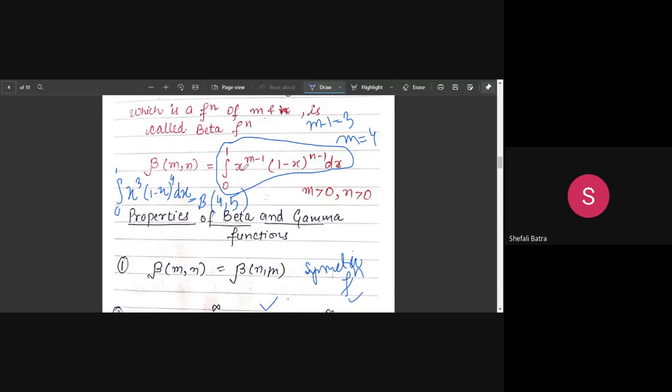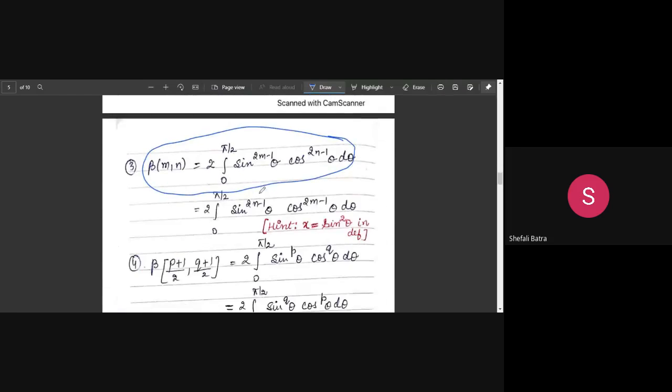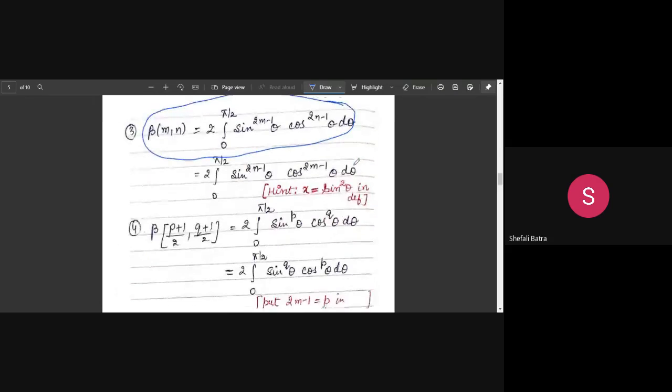Put x is equal to sine square theta, then you will be getting this relation. So you need to remember this, right? And again, twice integral 0 to pi by 2 sine p theta cos q theta d theta is equal to beta of (p plus 1) by 2, (q plus 1) by 2.